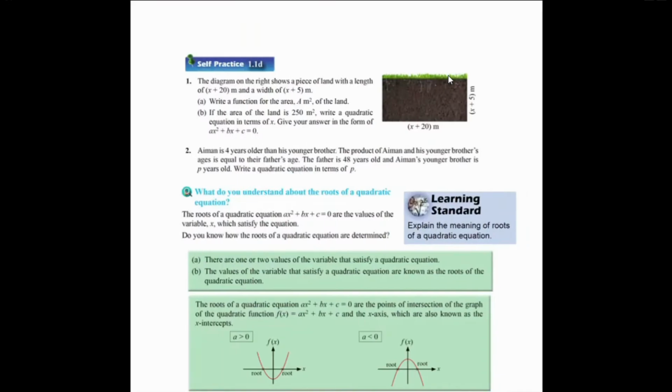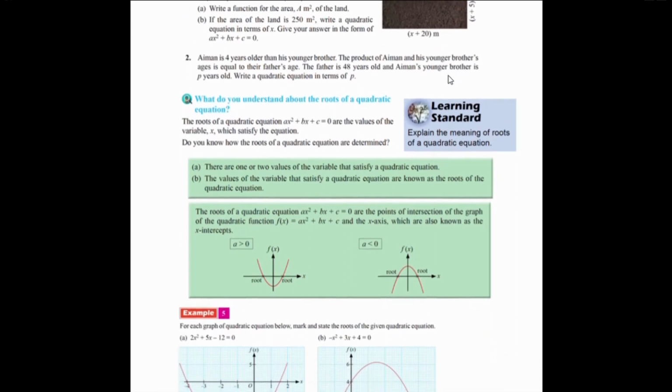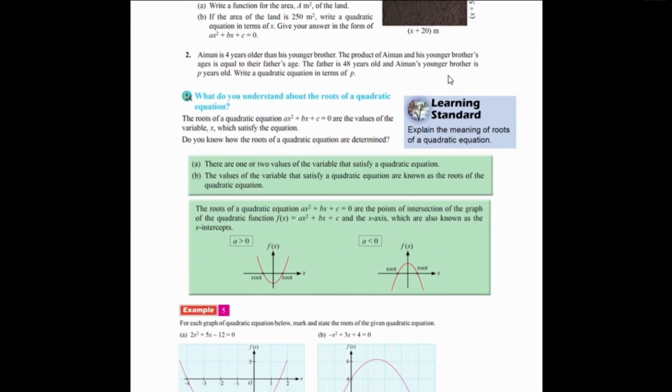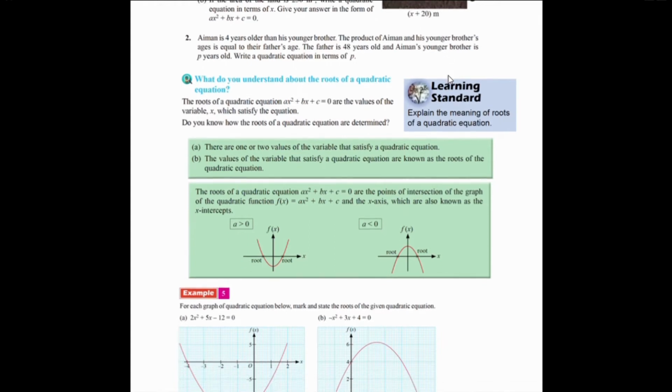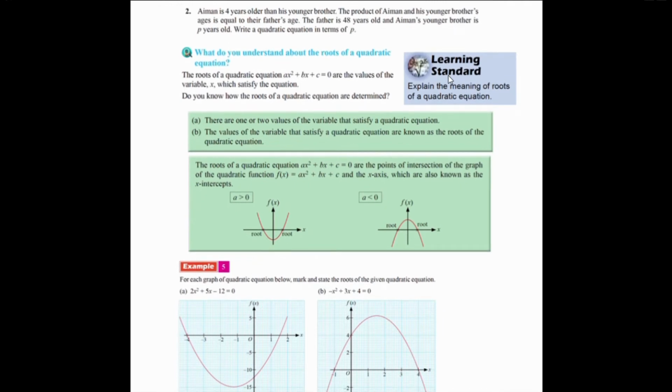Alright, so in quadratic equation, firstly you need to know what is the roots of quadratic equation. Okay, the root of quadratic equation usually we have more than one root.